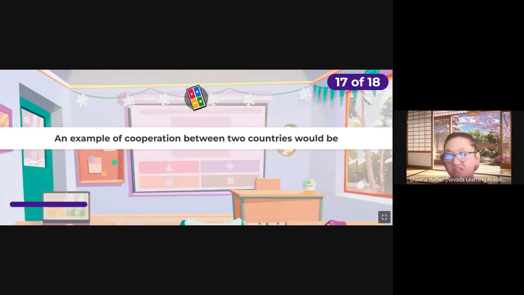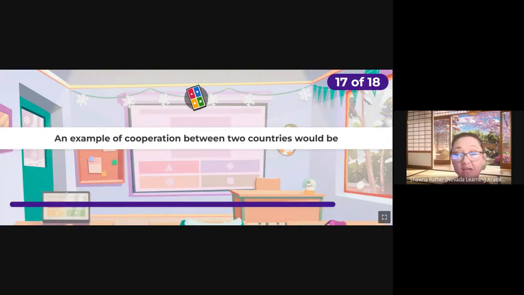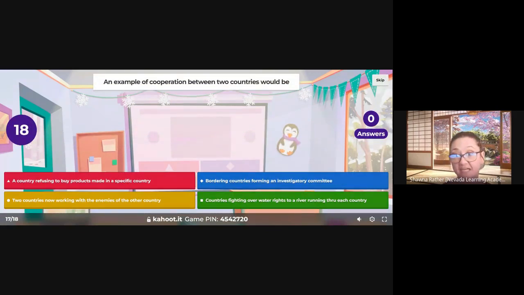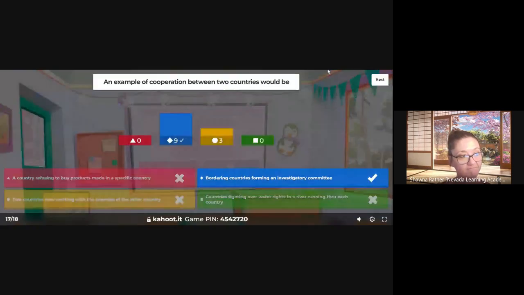Okay, 2 more questions. Example of cooperation between 2 countries. So, bordering countries forming an investigatory committee, right?